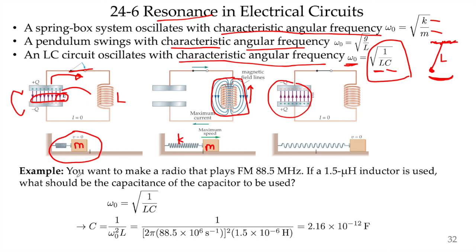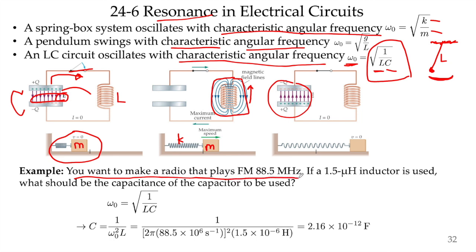Okay, let's see this example. By the way, these circuits are related to radios. Now you will see how the concept of resonance is relevant. So you want to make a radio that plays FM 88.5 megahertz.